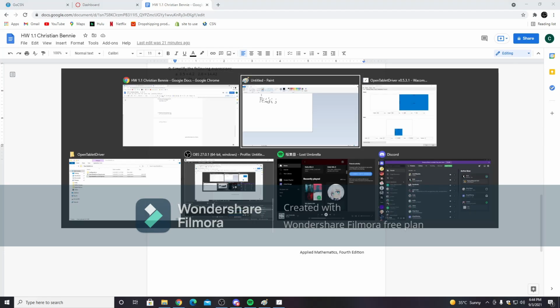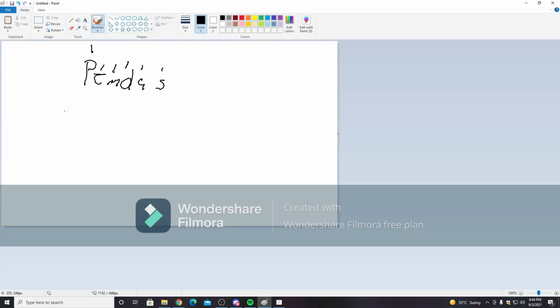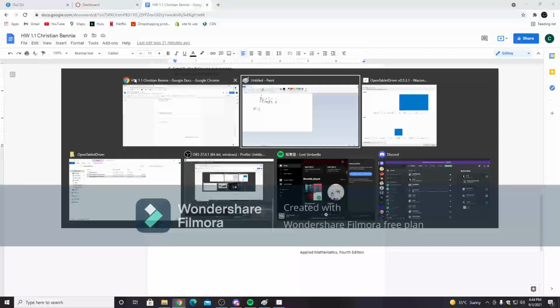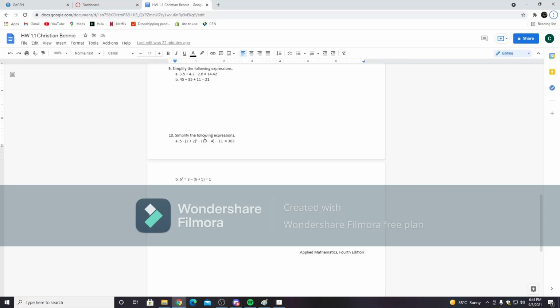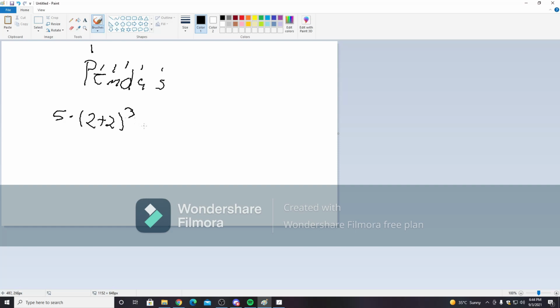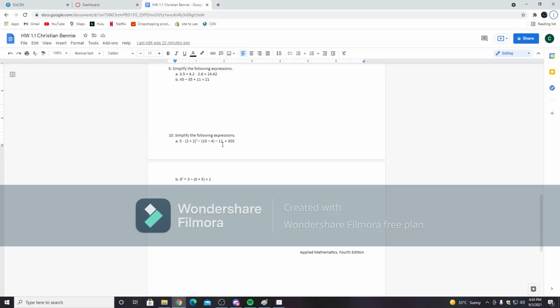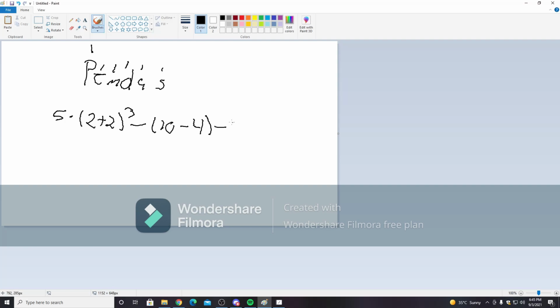Yeah, so it's 5 times 2 plus 2, cubed. Minus, I think I saw 10. 10 minus 4. Minus 11. So for this, we do parentheses, like I said. So we'll do a tick this way to show.